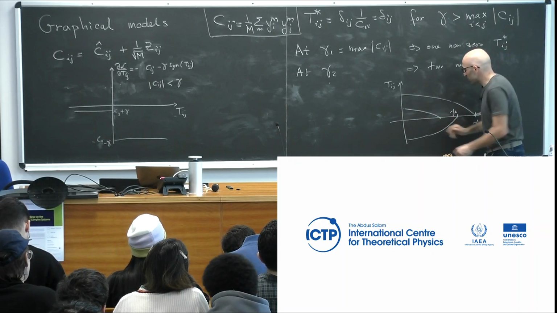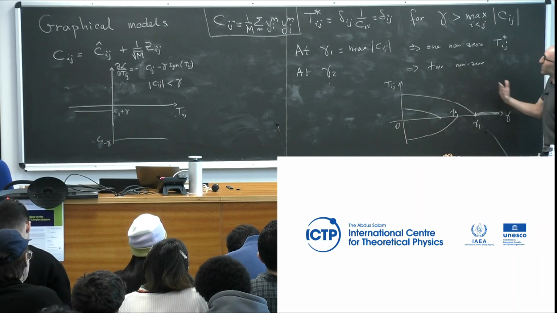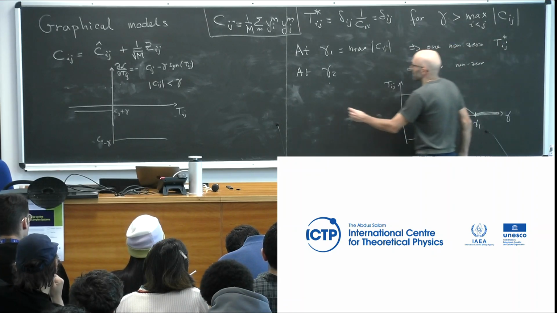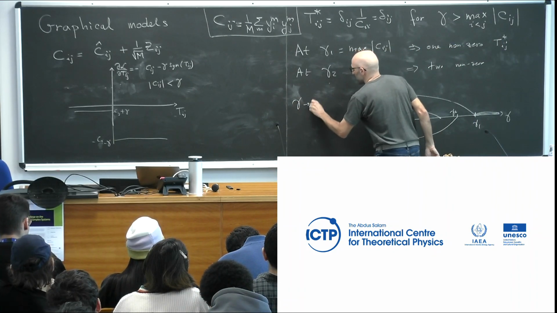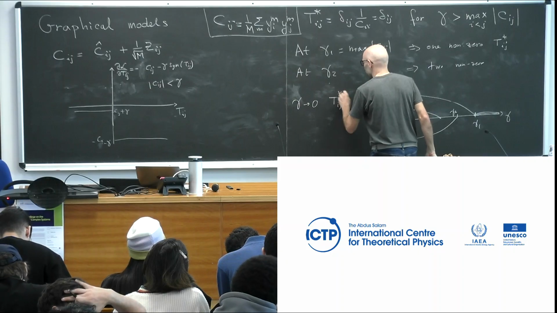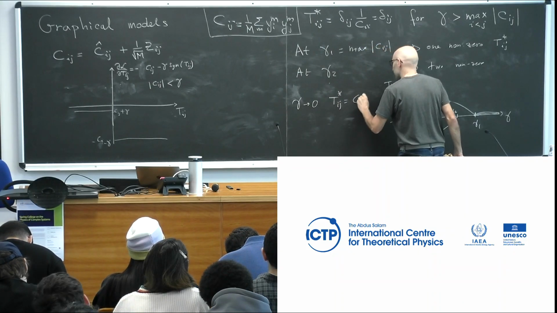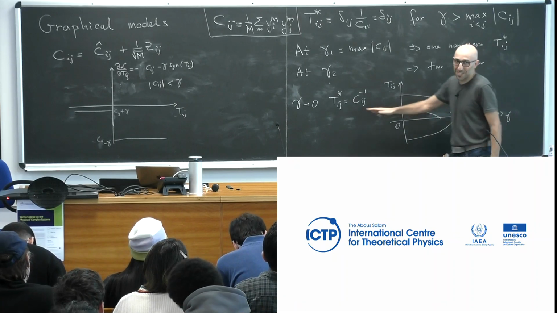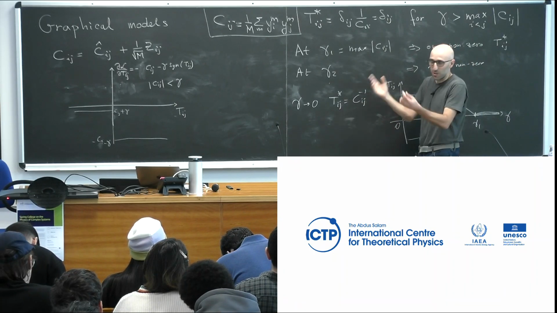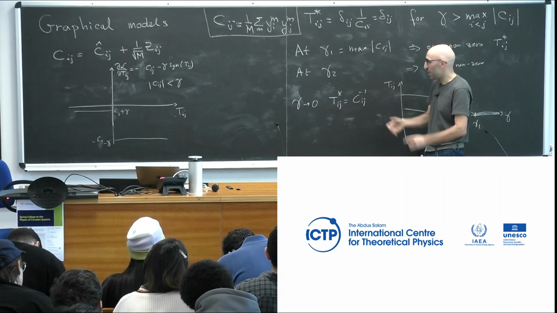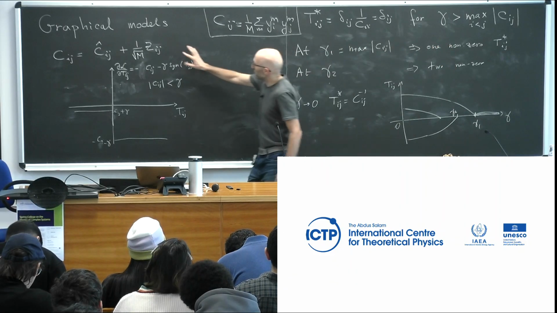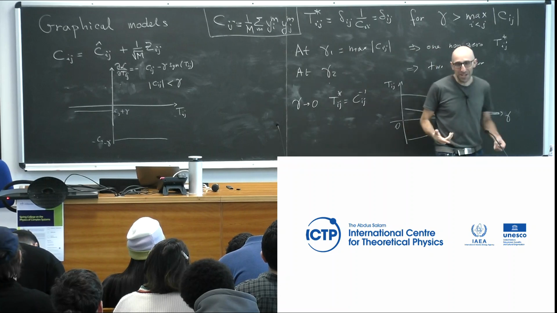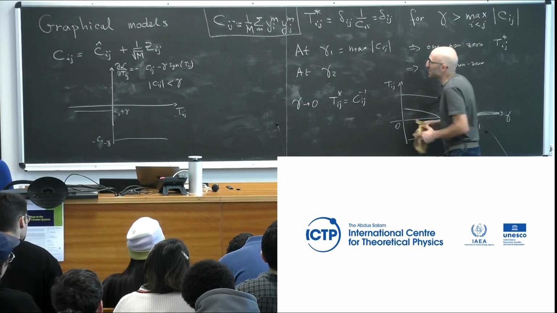If you send gamma to 0, you drop the regularization, and then you get that Tij is going to be the inverse of C, which is, in general, a dense matrix. So it's a dense matrix where all the elements Tij are non-zero because of this noise. Okay? So where should you stop? That's the problem.